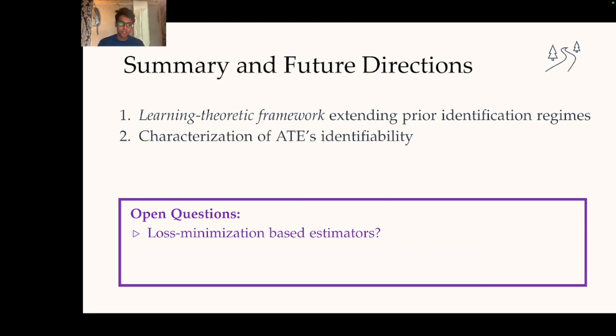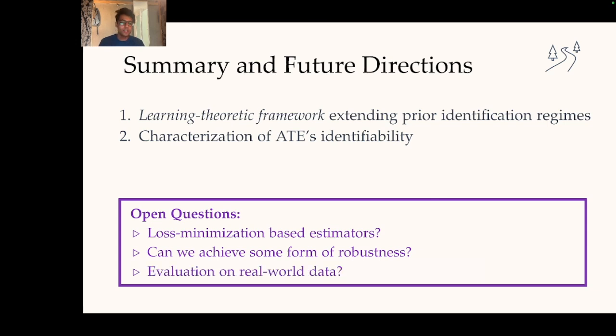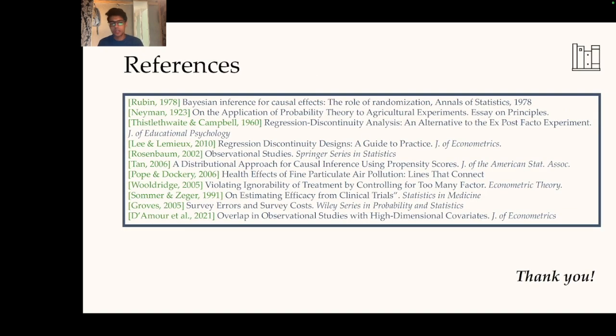Our estimators are computationally inefficient and based on certain covers of the classes P and D. It would be very nice to have efficient and loss minimization based estimators. It would also be great to achieve some form of robustness to misspecification in the choice of the classes. And finally, it's very interesting to see if these new results can lead to better evaluations on real world data. With that, I'll conclude. Here are the references, and thank you for your attention.